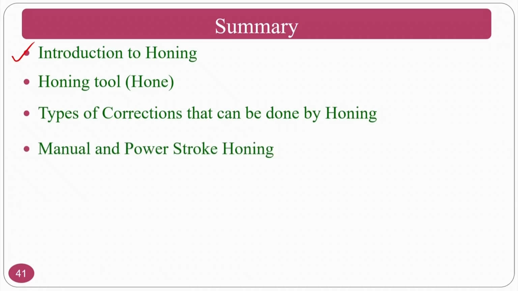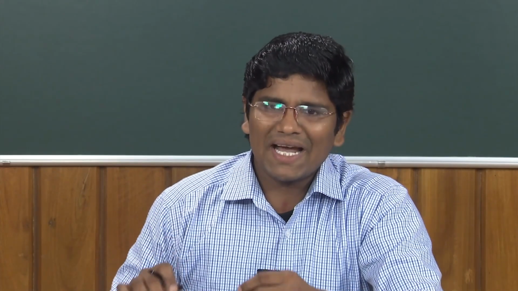Manual honing is used for final corrections, and power stroke honing is economical for mass production, like the same operation for many workpieces. The honing mechanism, we have seen the 5 factors that are affecting it, and lubricants in the honing process and other things.